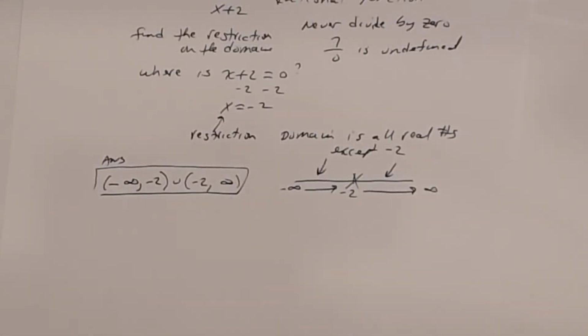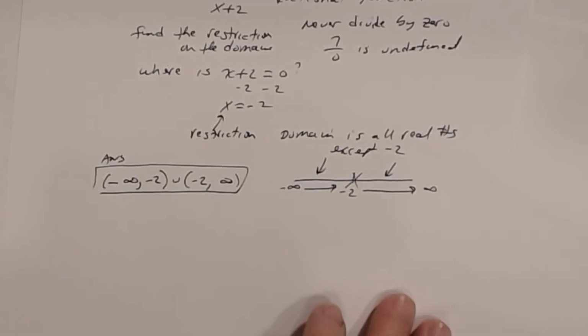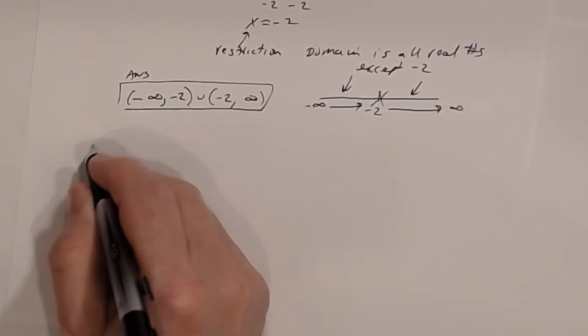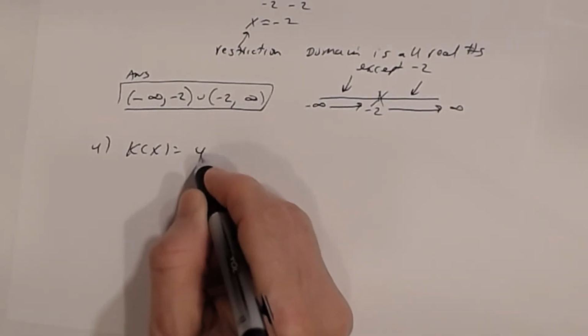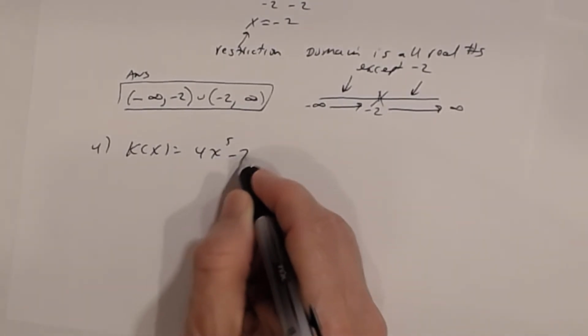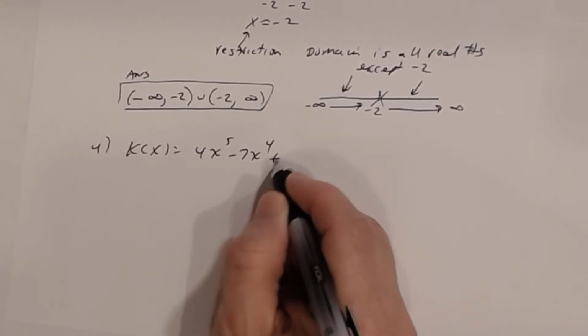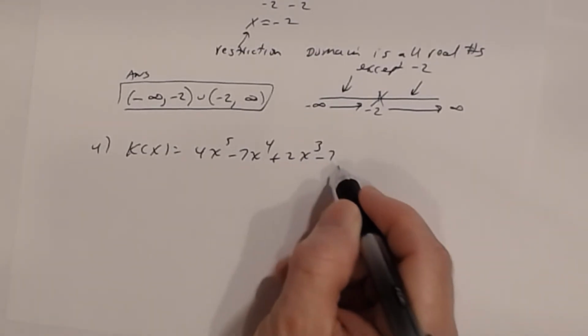Okay, let's look at number 4. Let's suppose we had k of x equal 4x to the 5th minus 7x to the 4th plus 2x cubed minus 7.